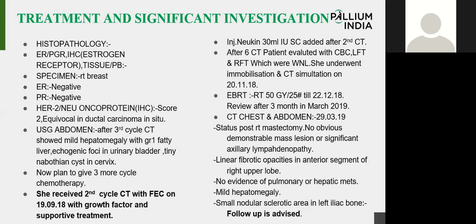In these reports: status post right mastectomy, no obvious demonstrable mass lesion or significant axillary lymphadenopathy, linear fibrotic opacities in the anterior segment of the right upper lobe, no evidence of pulmonary or hepatic metastasis, mild hepatomegaly. Sonography is also there, and a small nodular sclerotic area in the left iliac.